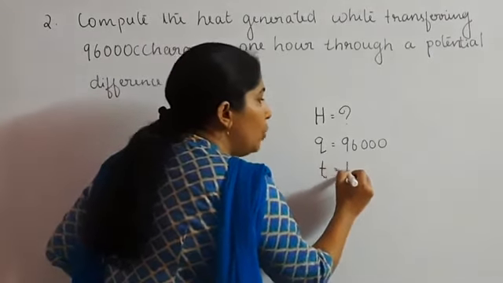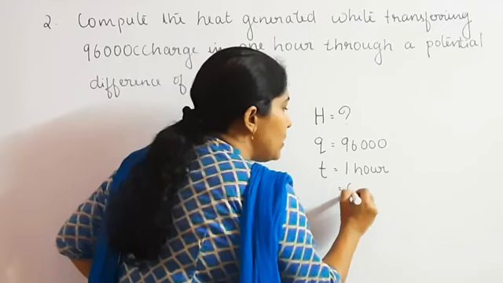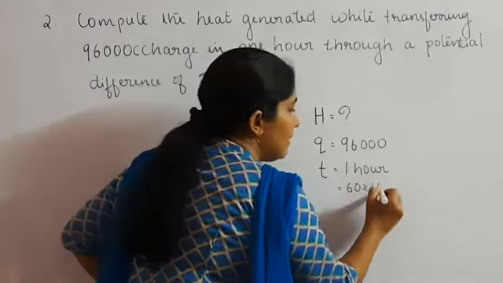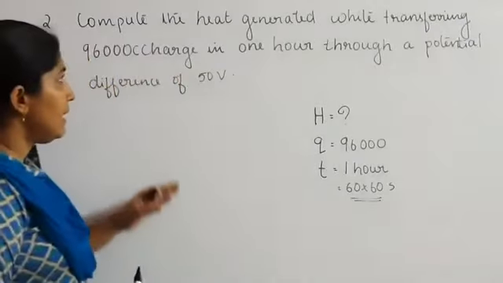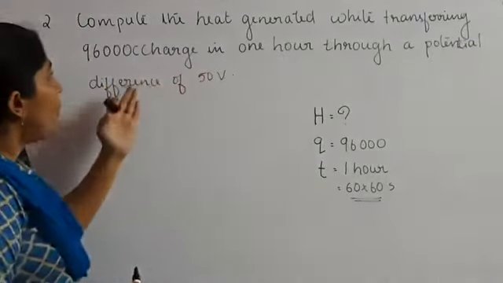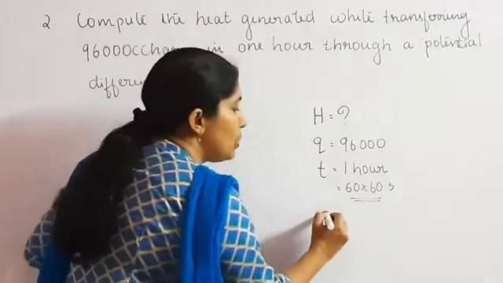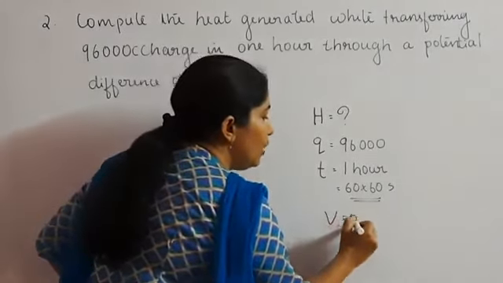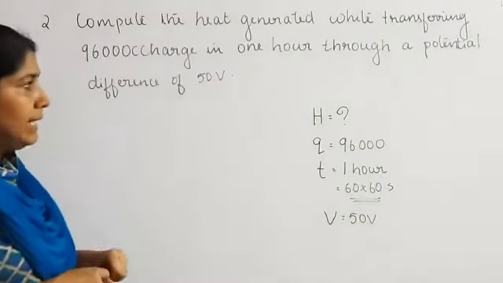Time t is equal to 1 hour, and 1 hour is equal to 60 into 60 seconds. The potential difference is equal to 50 volt. These are the data given.